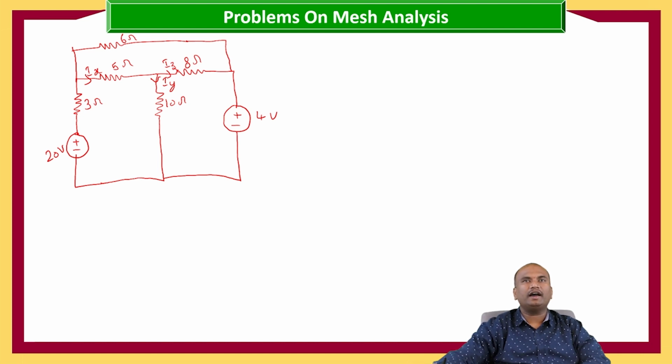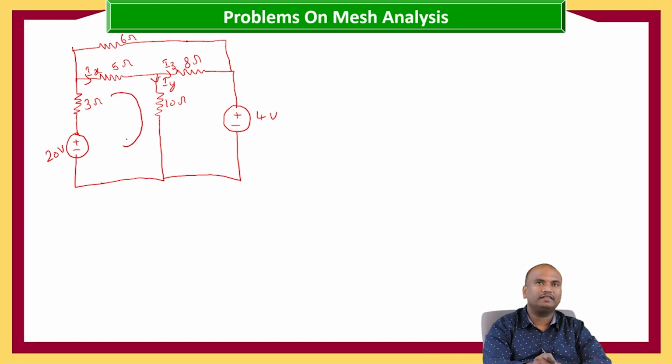For that, first we need to check how many meshes are there, and we have to give the current directions as well as the magnitudes. Let us consider the current direction is clockwise only, and the current values as I1, I2 and I3.